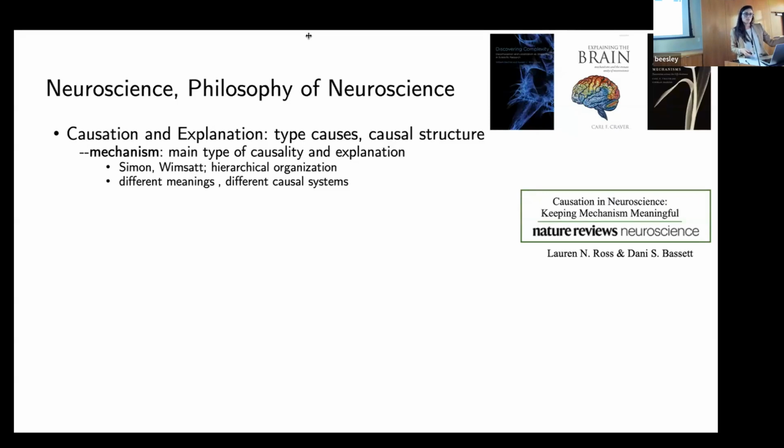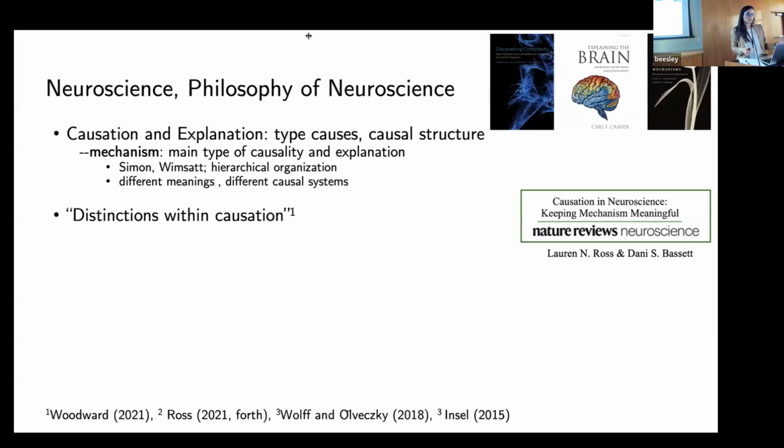One way to move forward in this space is to focus on and to clarify what Woodward has referred to as distinctions within causation. Whether we want to use mechanism in a broad way or a narrow way, what we need is to be able to distinguish different types of causes and causal systems from one another, right?